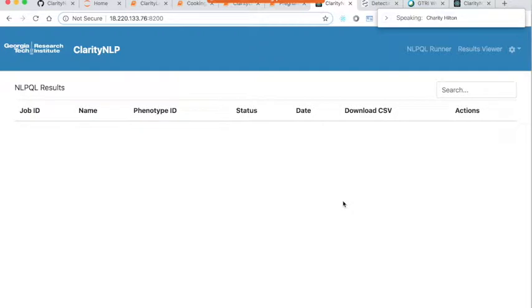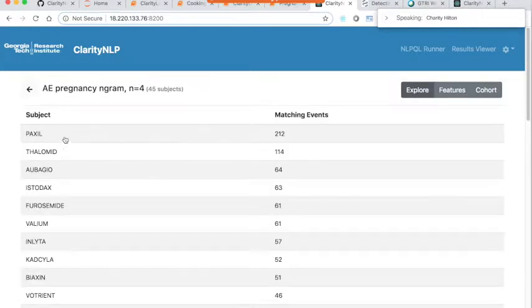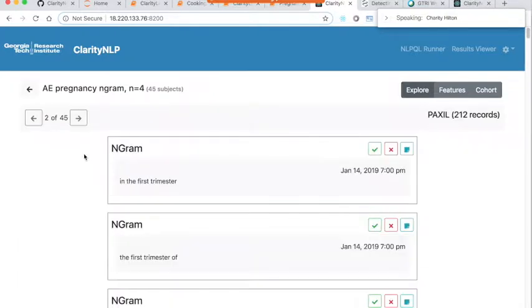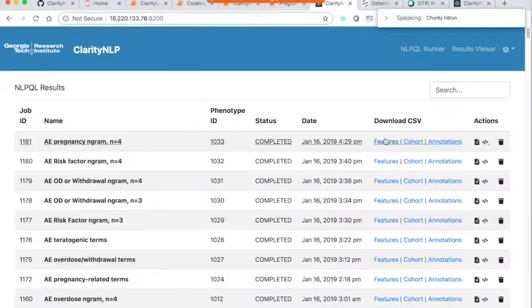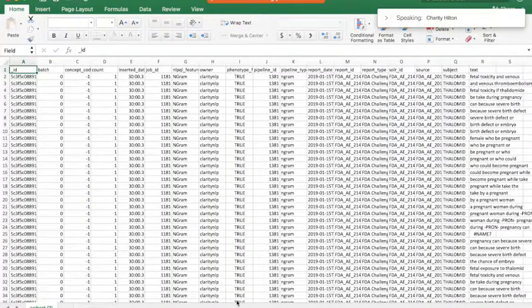One second. Yep, so it is done. So not only can you look at them in this tool, you can view them in Clarity. Another thing that's useful is to just download the results. Once you've done that, you can do sorting and things like that via Excel.